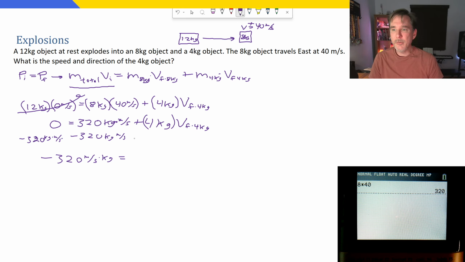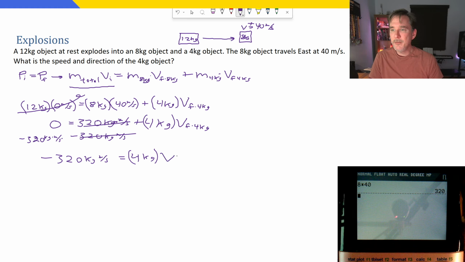That is equal to, so this got canceled out by that, 4 kilograms times the velocity of the 4 kilogram object. Let's be consistent, shall we? So this is kilogram meter per second.